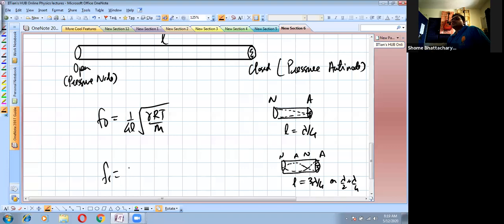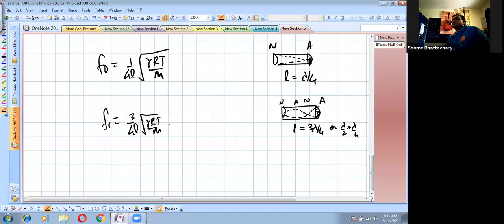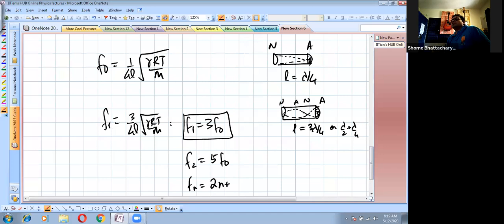So correspondingly the frequency becomes 3 by 4L square root of gamma RT by M. So you can see that the frequency of the first overtone is the third harmonic of the fundamental. Like that, the second overtone becomes the fifth harmonic, and the nth overtone becomes the 2n plus 1th harmonic of the fundamental. So this becomes a general formula for frequency.